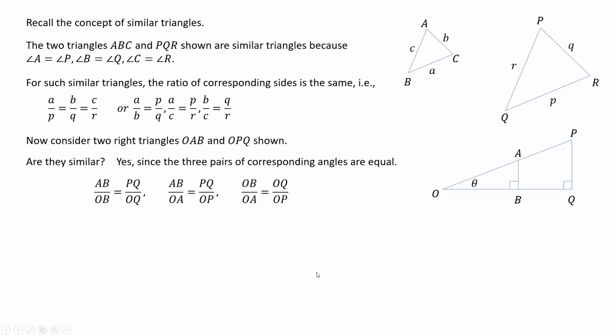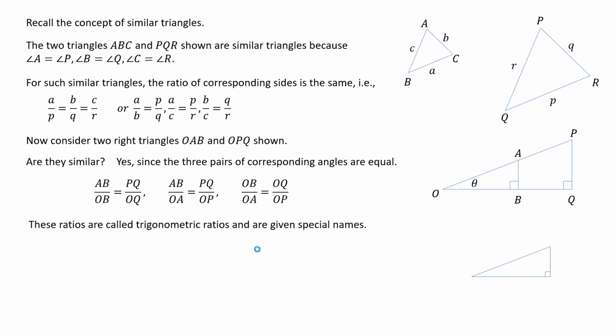Now, this is the root of all trigonometry. These ratios being the same is what drove the concept of trigonometry. And what mathematicians decided is, if these ratios are always the same for right triangles, let's call these ratios by special names. Right?